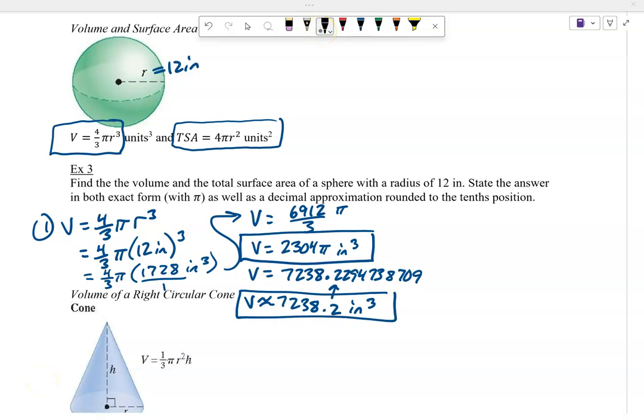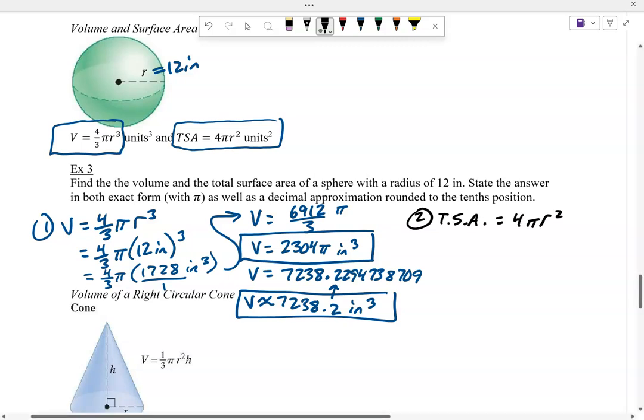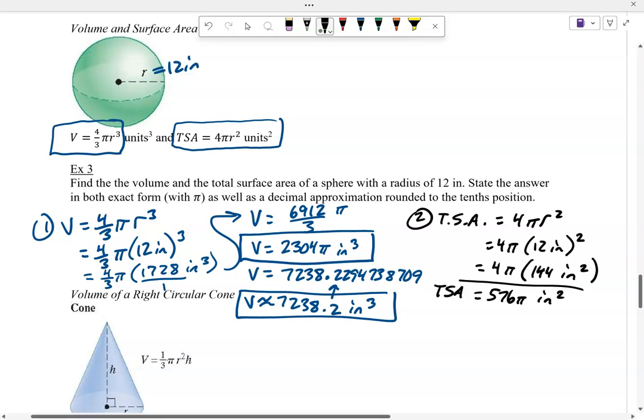So now our number 2, our total surface area, would be 4 pi r squared. So I got 4 pi, my radius here is 12 inches, and it's being squared. So I got 4 times pi, 12 times 12 is 144 square inches. Then 144 times 4 gives me 576 pi square inches as my total surface area.